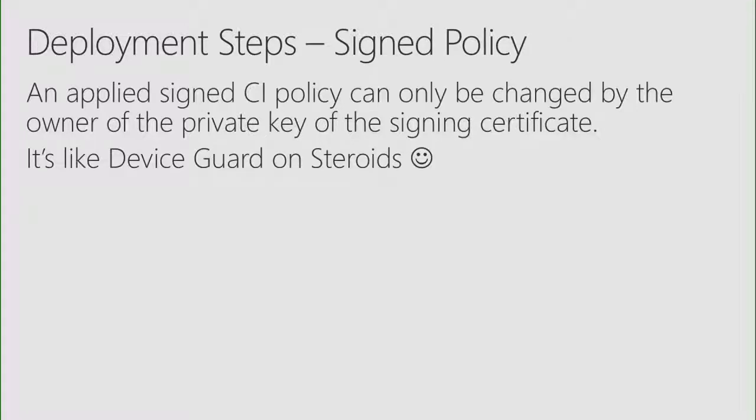So if any local administrator removes the file, the CI policy will still be applied. Only if there is a new CI policy that has been signed by the same person, or the person that has the private key with the certificate that was used for the first CI policy, then it can be changed.